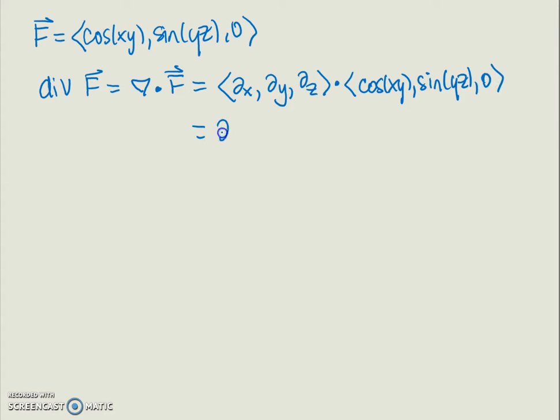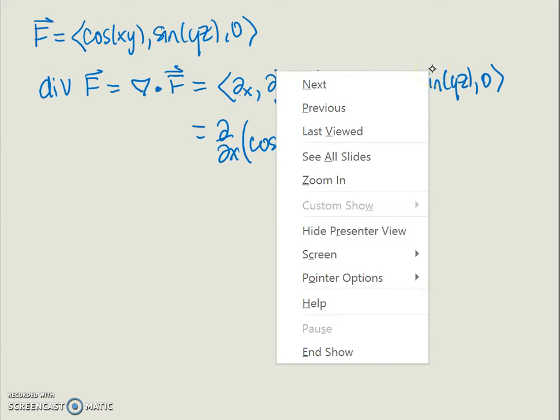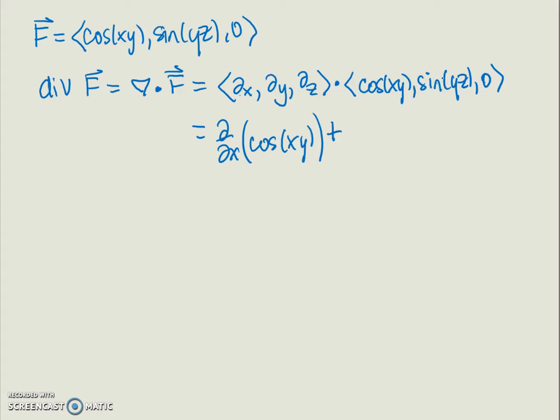So that means I'm going to take the partial with respect to x of cosine xy, doing my dot product, plus, now I'm going to take the partial with respect to y of sine yz, and then I'm doing a partial with respect to z of my z component, but my z component is 0.